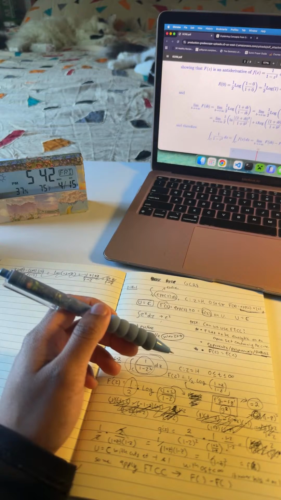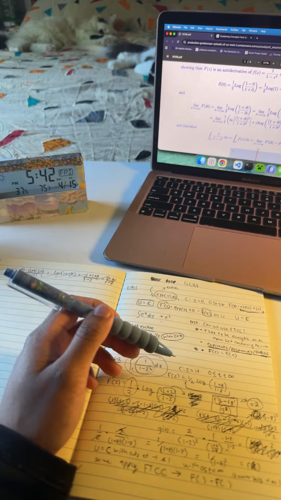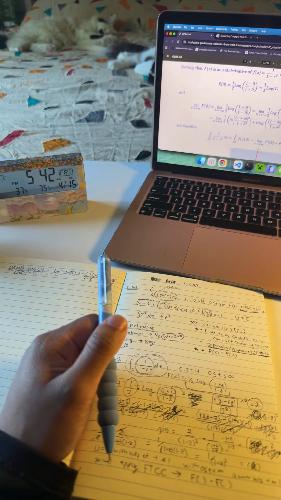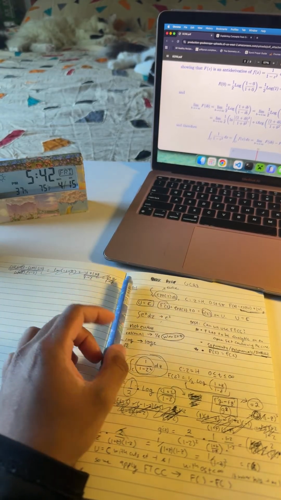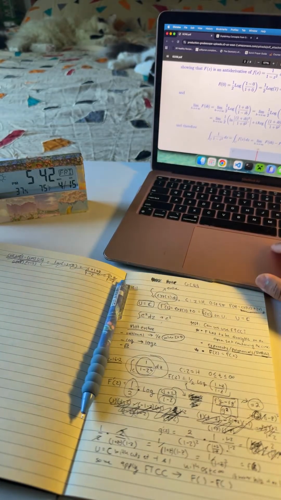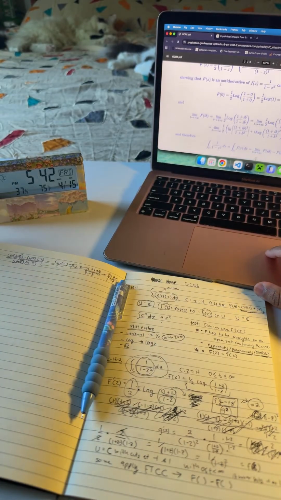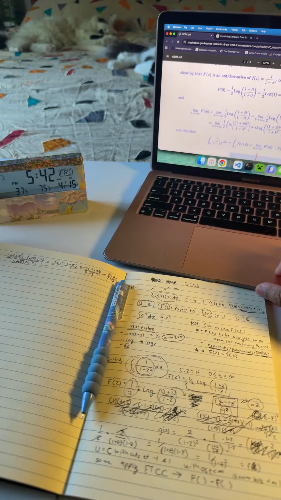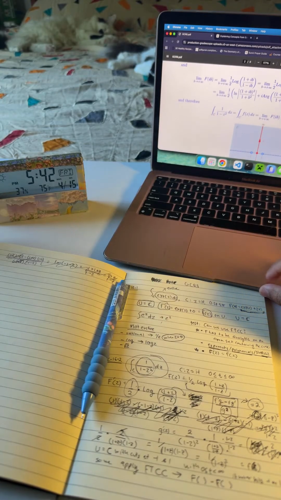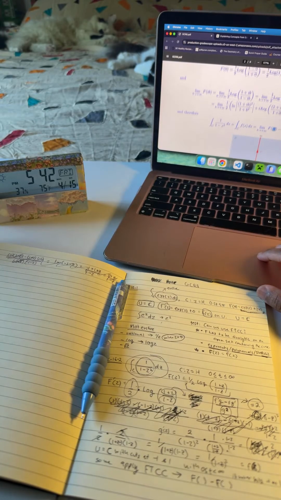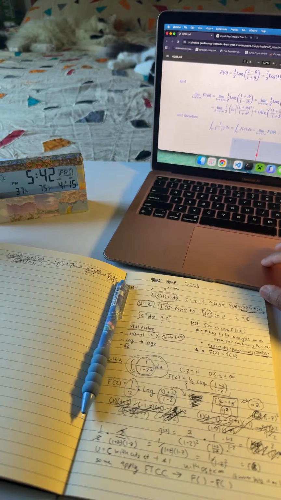This part is supposed to be easy. I think the fundamental theorem of calculus is pretty simple. But no, that part is hard. Because doing F of ib, not infinity, just ib.